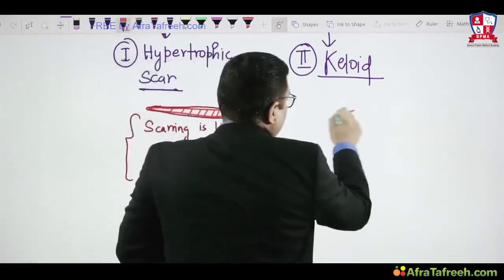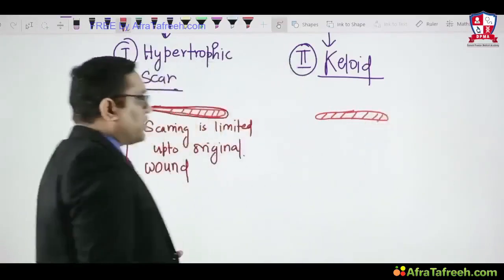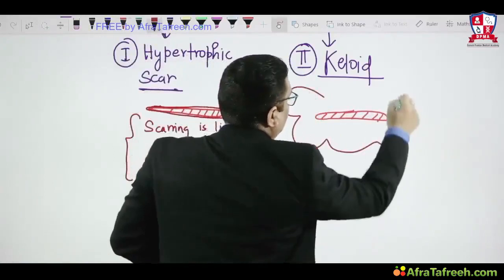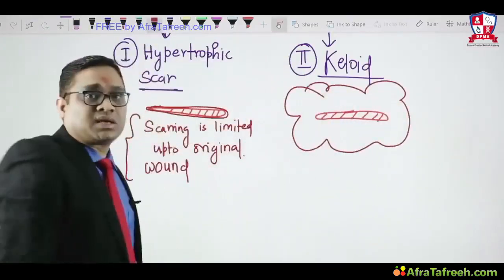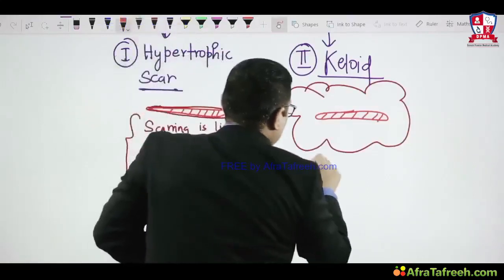What is keloid? Again I am showing you, suppose this is the original wound, and when you see that the scar is beyond the original wound area, this is called a keloid, right?